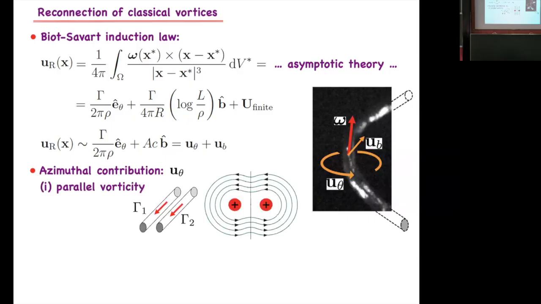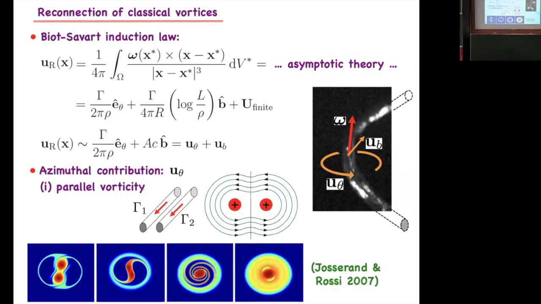If we take parallel vorticity, so the two tubes that are almost colliding have the same direction of vorticity, here identified by these pluses, there is a streamline, and the velocity field around has this form. And if we go to two-dimensional simulations, you see what happens.